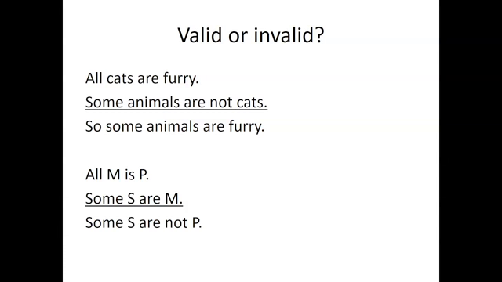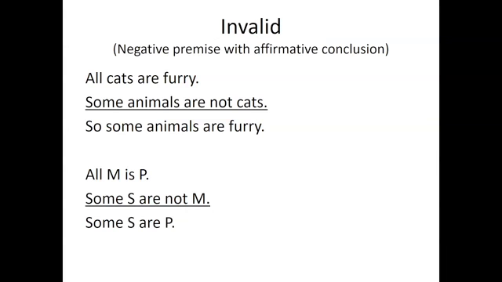But this looks like I messed up this one because I have a different form. The form that I have down here is wrong. So if you caught that, that should be an educational experience. Sometimes your teacher's mistakes are educational. So this should be that some S are not M and then some S are P, right? Anyway, the problem here is that we have a negative premise, but we don't have a negative conclusion, right? So that should be invalid. Negative premise with an affirmative conclusion.